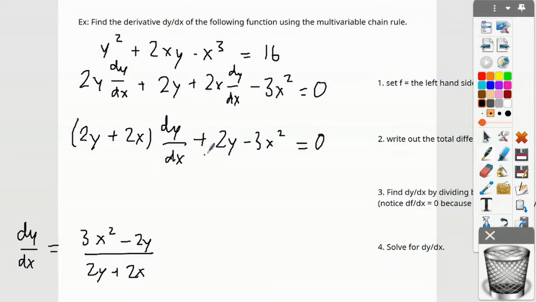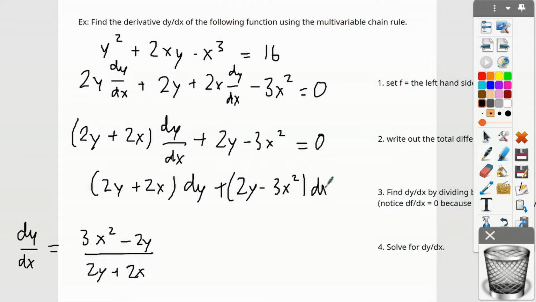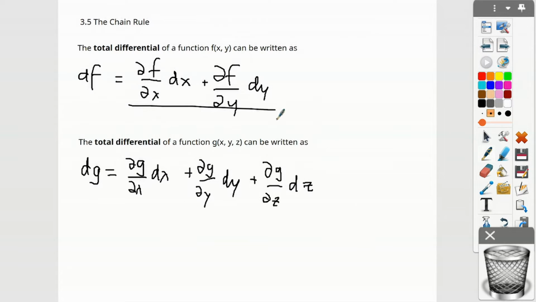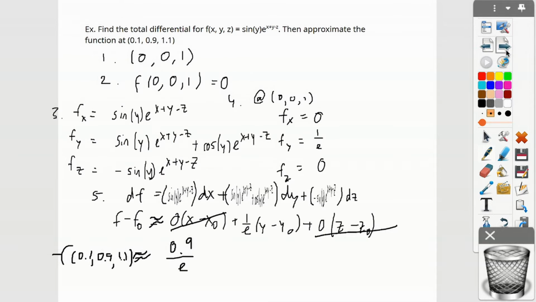If you multiply by 2x, this is what you're going to get. This looks like something. What does this look like? This looks like the total differential. Doesn't it? df. And usually df is really small.